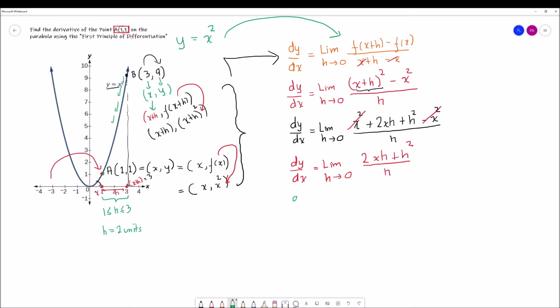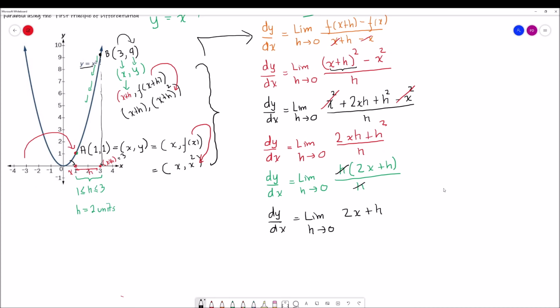Next step, derivative of y with respect to x is equal to limit of h approaching 0, and we can take h as common, so it will be h times 2x plus h, right, divided by h, and then we can easily cancel this h out, and we are left with derivative of y with respect to x is equal to limit of h approaching 0 of 2x plus h.